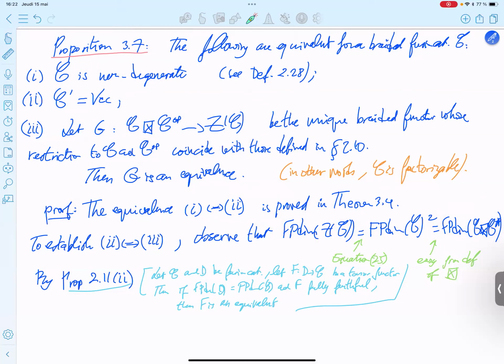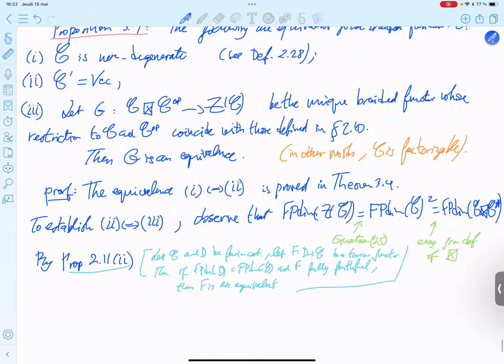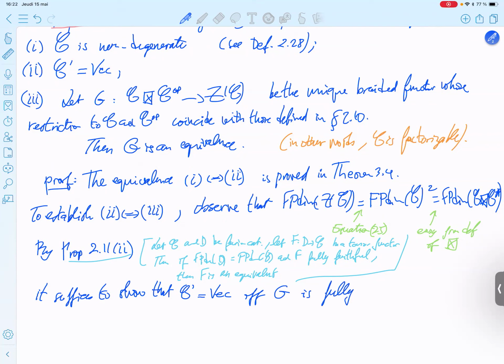So it suffices to show that C prime equals Vec if and only if G is fully faithful.